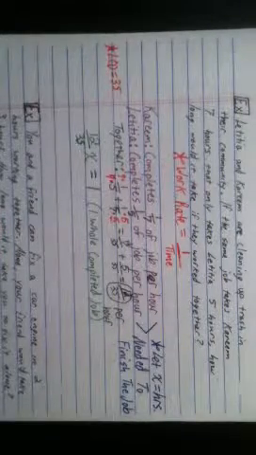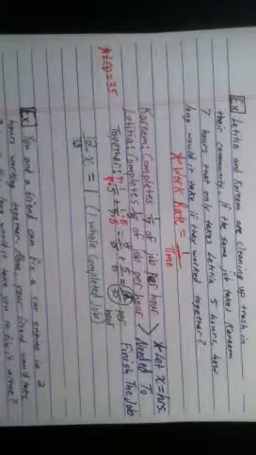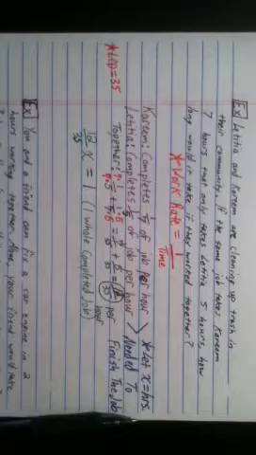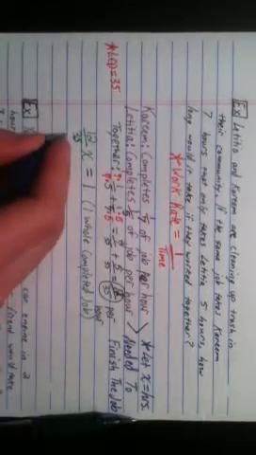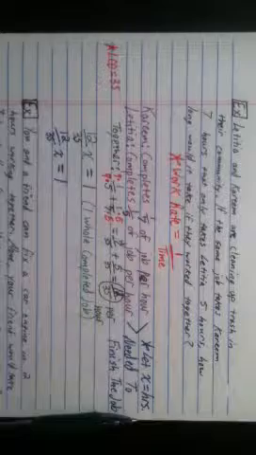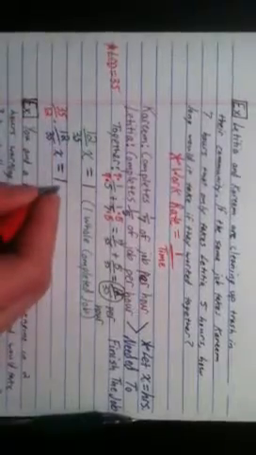So either way, you're going to get to the same answer. Okay. So if we have 12/35 x equals 1, multiplying by the reciprocal is going to require us to multiply by 35/12 on both sides.